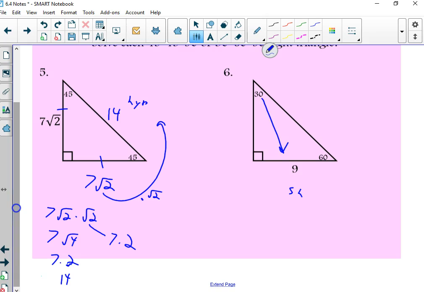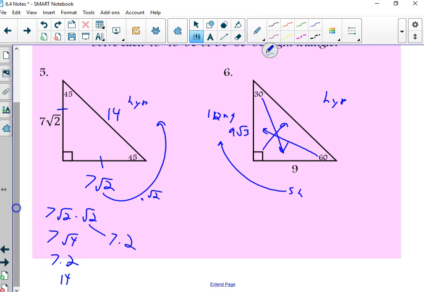That's my short side, short leg. That's my long leg. I can spell. And here's my hypotenuse. So, from short to long, we multiply by radical 3.